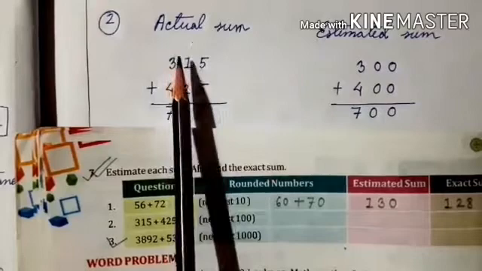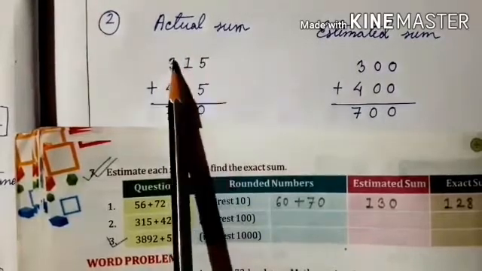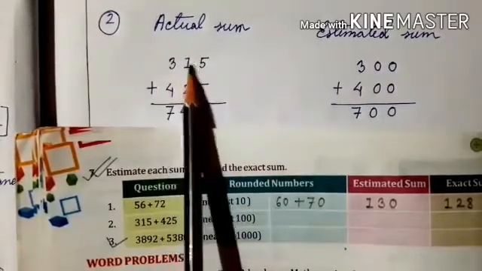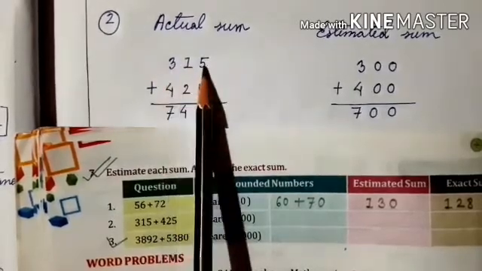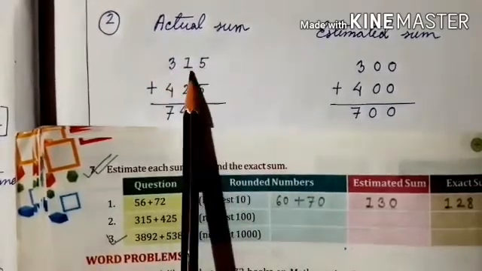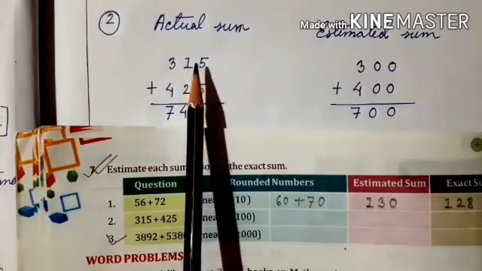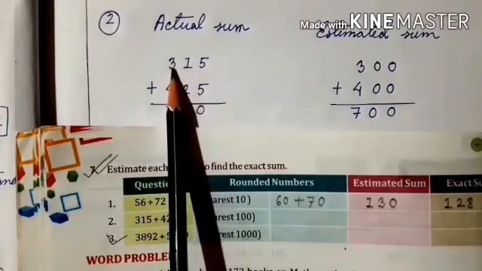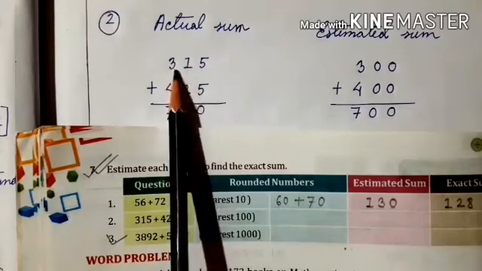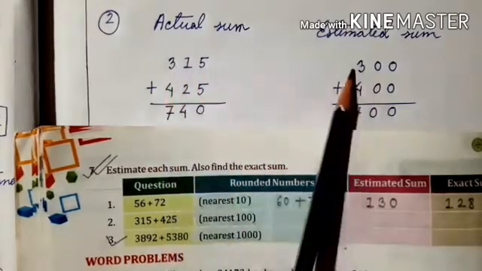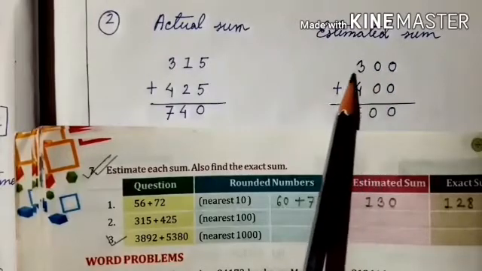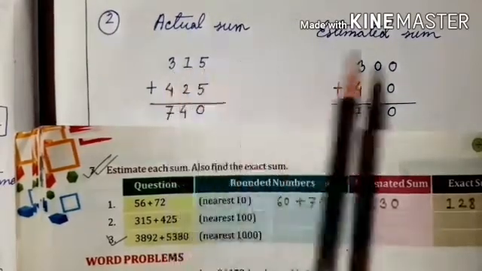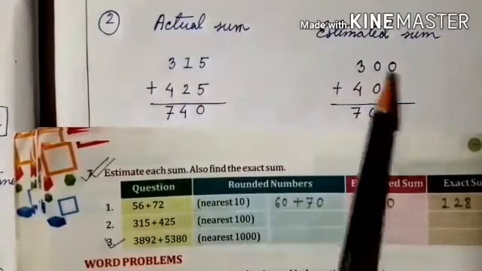When rounding off to the nearest 100, we leave the hundreds place and check the remaining number. Leaving 3, the remaining number is 15, right? If this number is smaller than 50, then the digit in the hundreds place does not change, it stays the same, okay? So 3 stays 3 and the ones and tens places become 0, okay? So 315 we round off to 300.